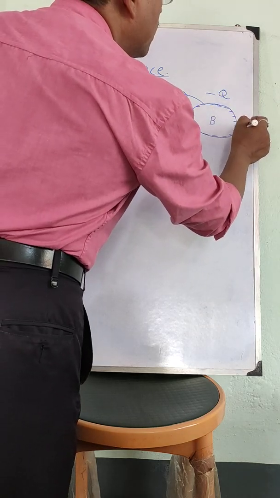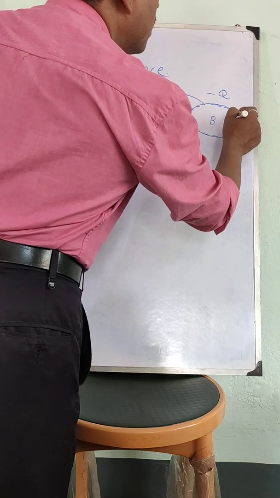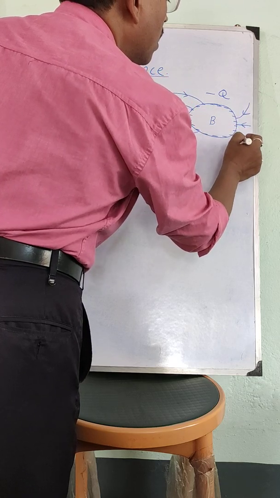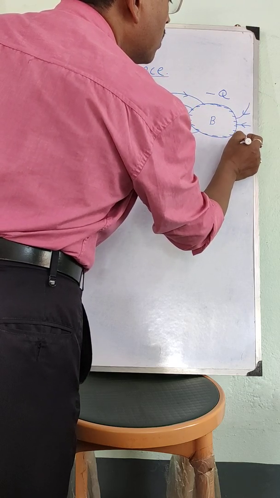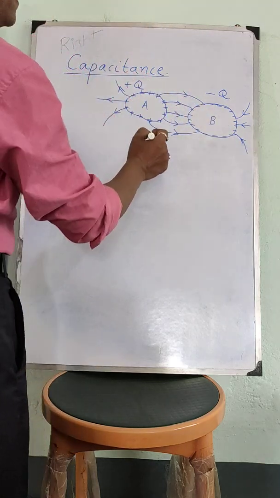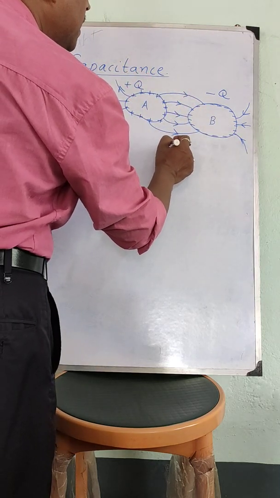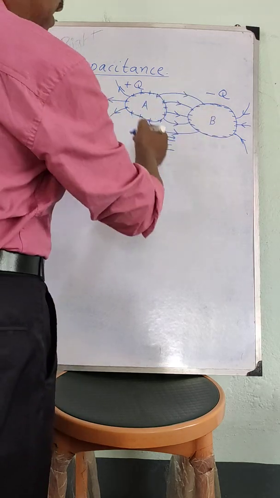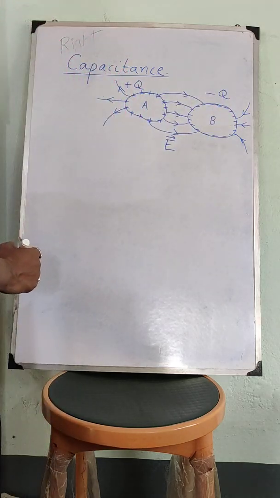And here it is incoming. So these are the electric lines of forces. That is, the lines of forces are representing the electric field in this region, the electrostatic field.